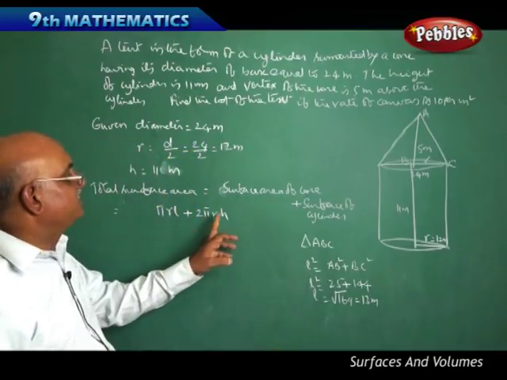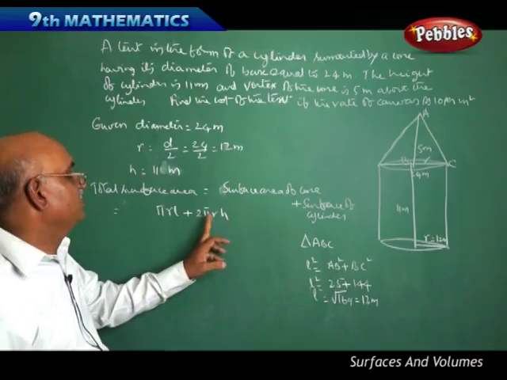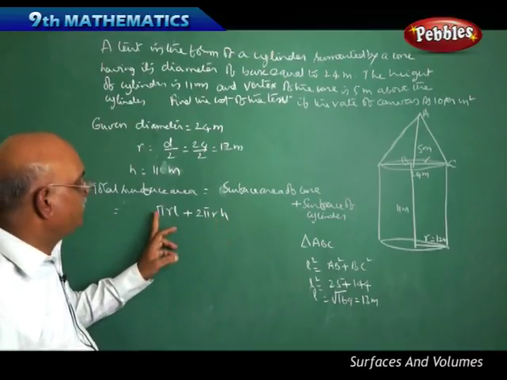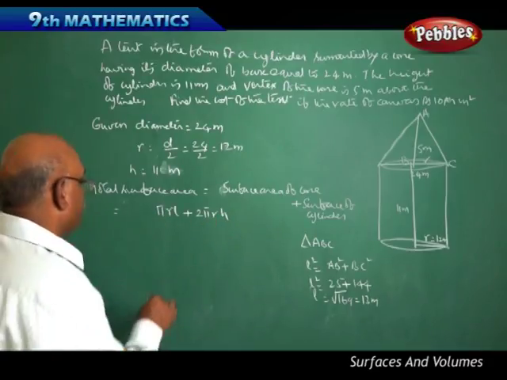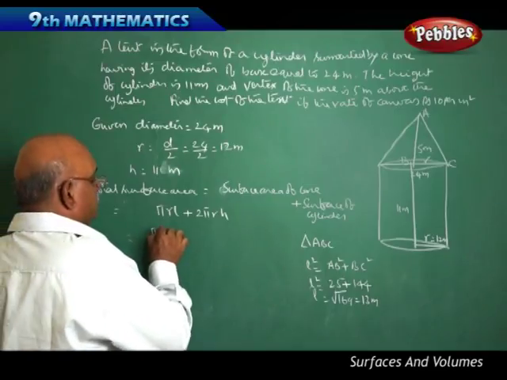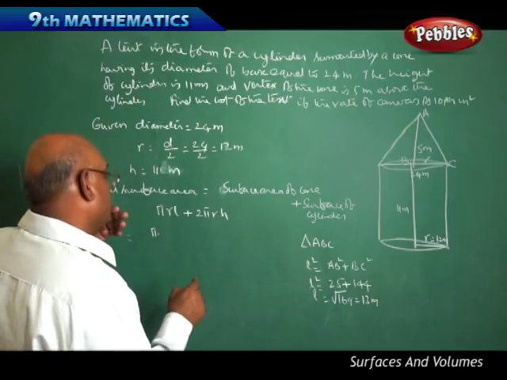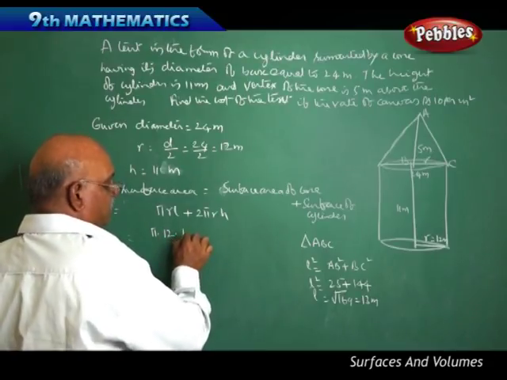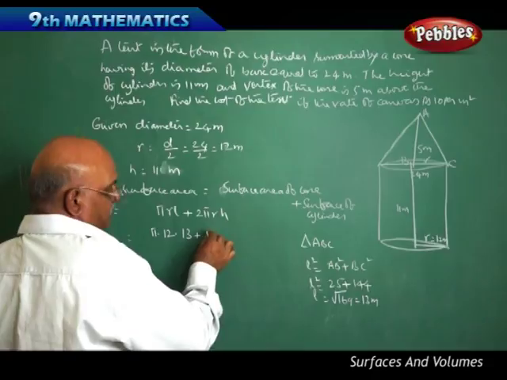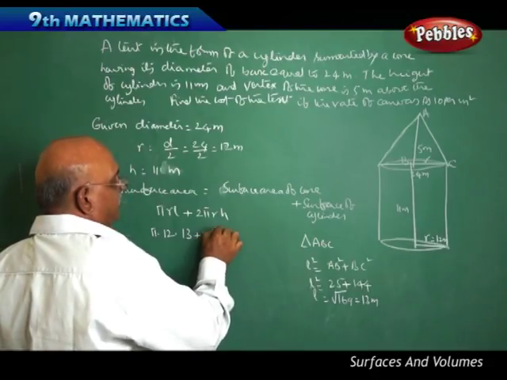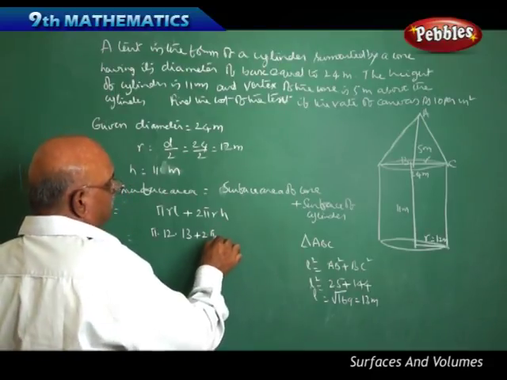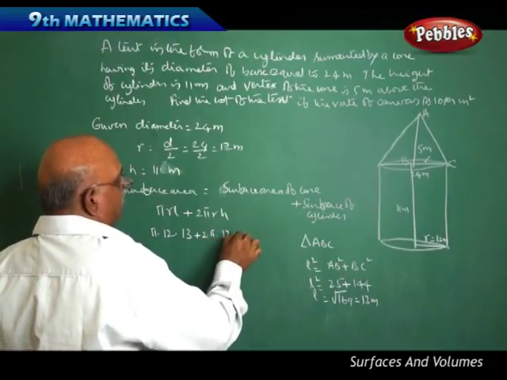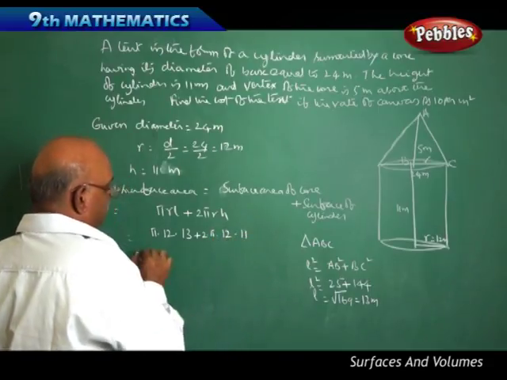Anyhow we know the cylinder height, we know the radius, we know pi. Therefore this is pi into r equal to 12 meters into L equal to 13 meters plus 2 pi into r equal to 12 into height equal to 11.